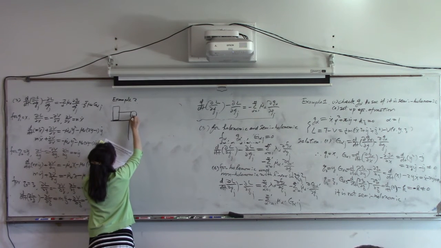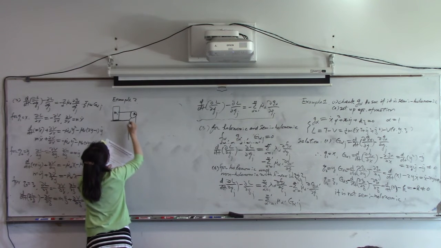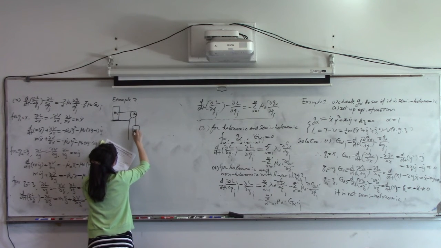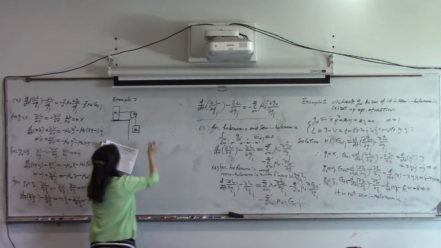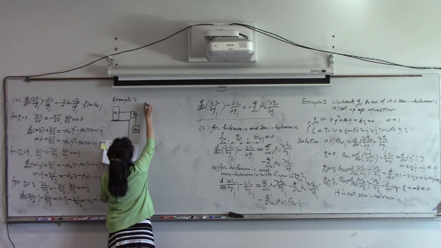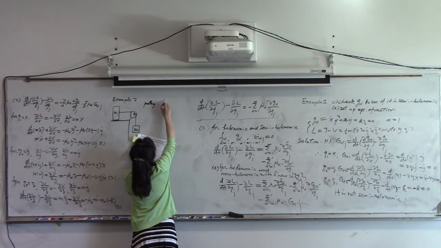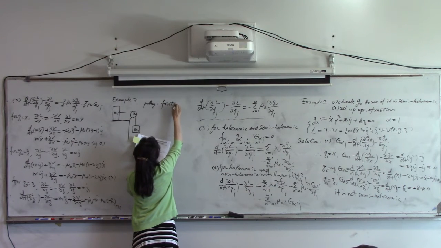Okay, so now we have R, we have M1 and M2. Now let's give the conditions. For example, the pulley is direction-based.